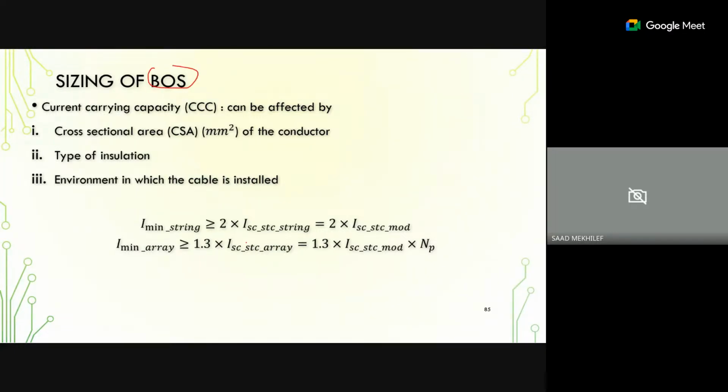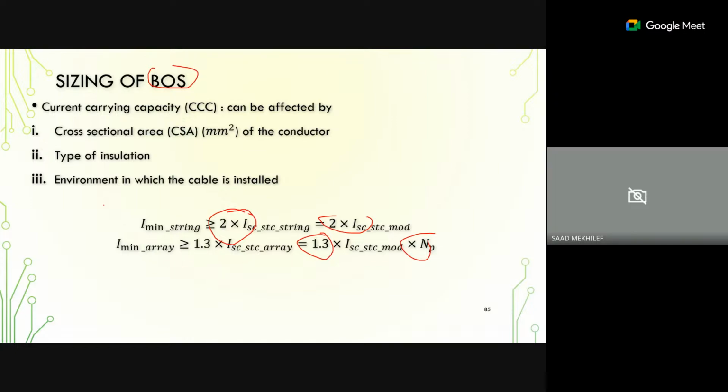Okay. And always, in terms of rating the current, it is always multiplied by two times, or a 30% increase, of the short circuit current times the MP, which is the number of panels in parallel, because it is the short circuit current times the number of panels in parallel.